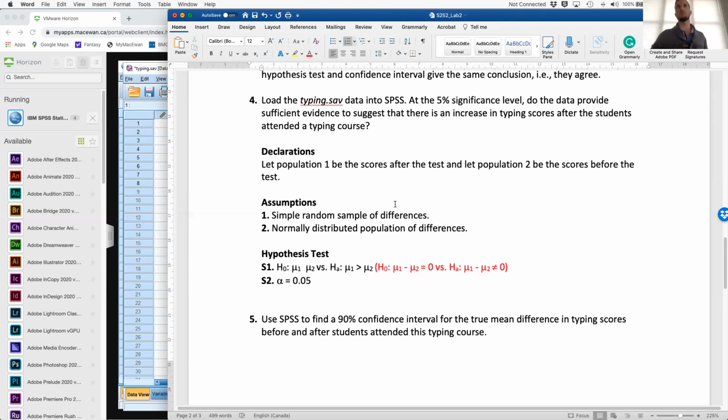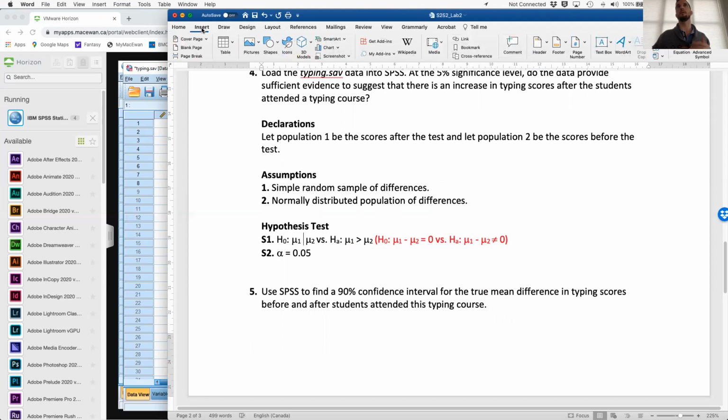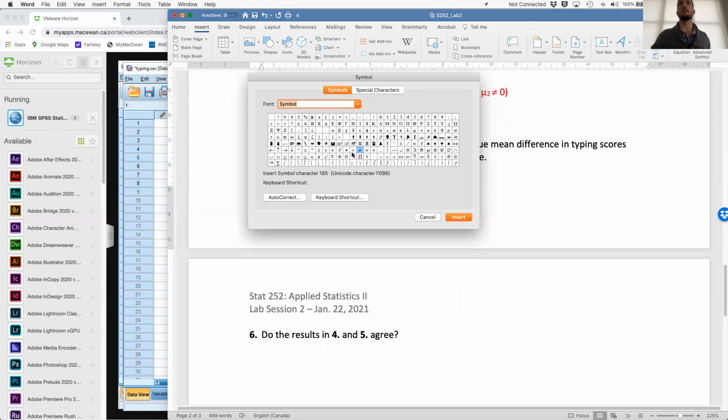All right, so we're going to have mu1 greater than mu2 because we're asking if the scores have increased after they wrote the test. So that would imply that mu1 exceeds mu2. And then our null hypothesis, of course, is just going to be the opposing symbol, mu1 less than or equal to mu2.